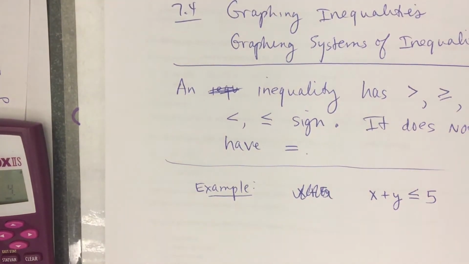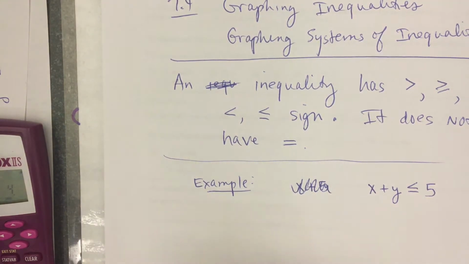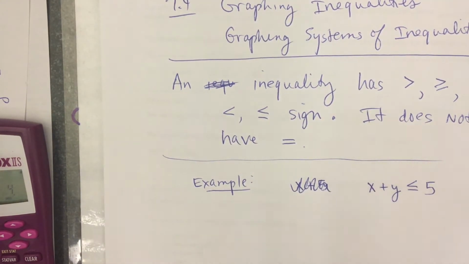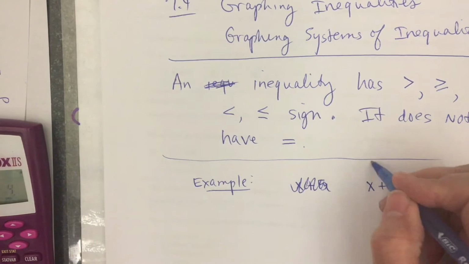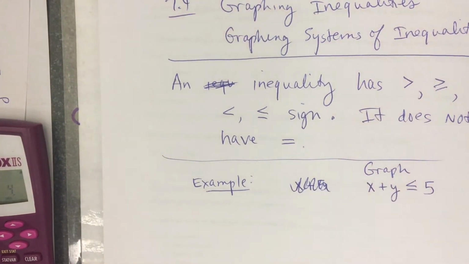That's what I wanted to write. I'm going to work this problem out. I will give some of the notes as I work it out and talk about what's what. I got to give the directions. Graph x plus y is less than or equal to 5.